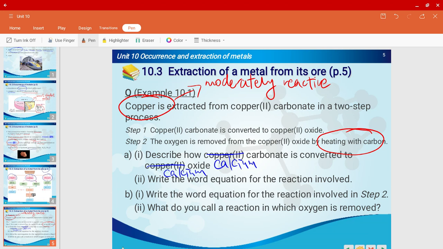I told you the whole story, pretty funny story, about how calcium carbonate is converted to calcium oxide, the whole cycle. Do you remember? This step is done by heating it in air. And the word equation, you should be familiar with it as well. So in this case, you would just need to change the name of calcium into copper 2.